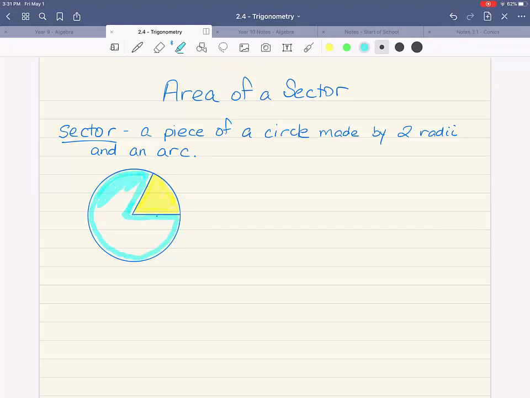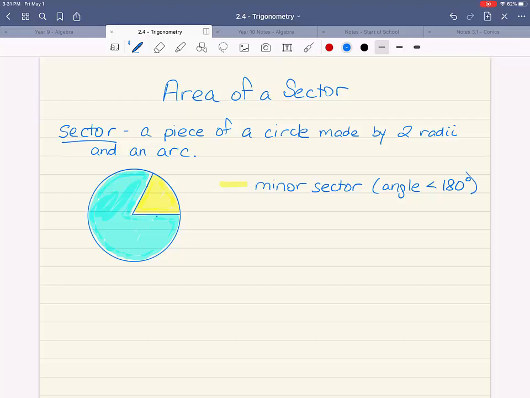Now, what are we talking about? We're talking about a piece of pizza, a piece of cheesecake, a piece of pie. That is what a sector is. So the yellow sector is what is called a minor sector, because the angle is less than 180 degrees.